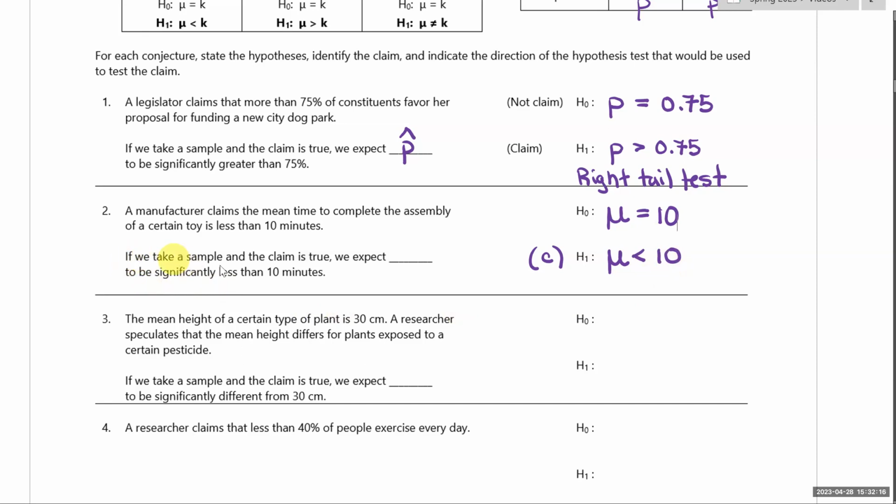So if they take a sample and the claim is true, then we expect X bar to be significantly smaller than 10 if you want to convince me the true mean is smaller than 10. So again, if you think of a number line, numbers smaller than 10 would be to the left of 10, and that's why we call this a left tail test.